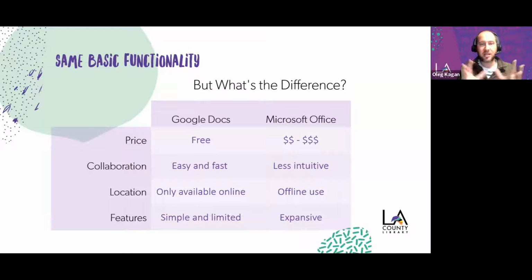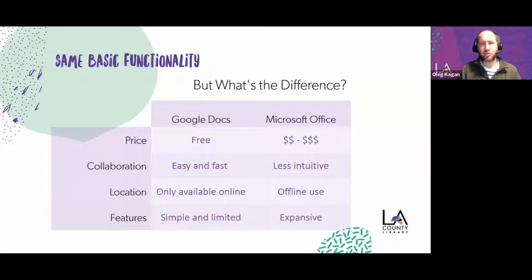There's versioning control in both, so you can see the changes that are made both in Microsoft Office and Google Docs. But because Microsoft Office has been around for decades and decades and only started doing collaboration as a feature maybe a decade ago and has really come into its own now, it's a bit less intuitive, and I would say that it doesn't necessarily work as well because of the different ways that people use Microsoft Office and the different versions of the software.